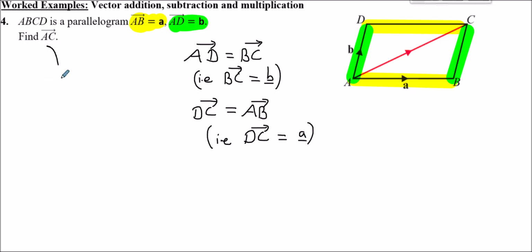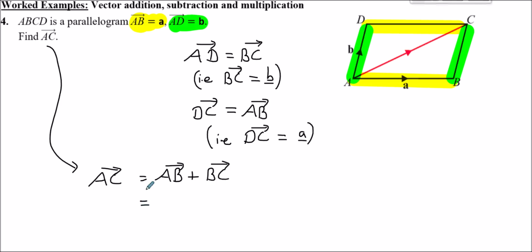So finding the vector AC. So from A to C, think about how we could do this on a map. To get from A to C, we could go from A to B. Then once we get to B, we could go from B to C. So it could be AB plus BC.